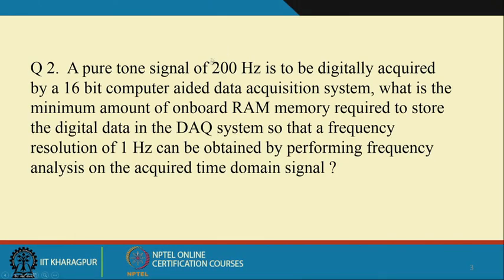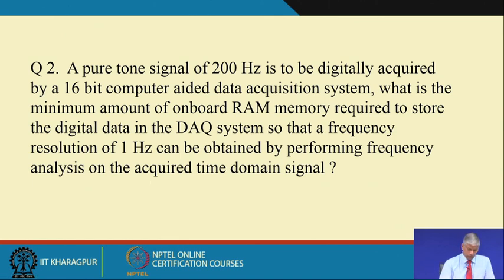Now, we will move on to the second problem. This is relating to data acquisition and a little bit of signal processing. A pure tone signal of 200 hertz is to be digitally acquired by a 16-bit computer-aided data acquisition system. What is the minimum amount of onboard RAM memory required to store the digital data, so that the frequency resolution of 1 hertz can be obtained by performing frequency analysis on the acquired time domain signal?